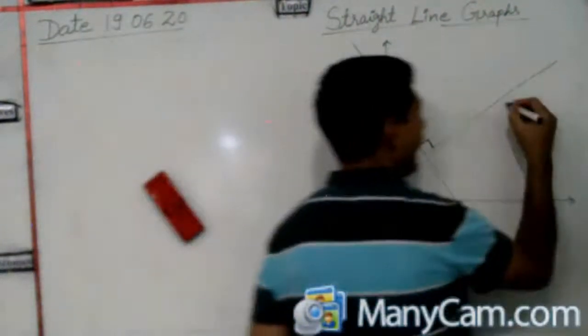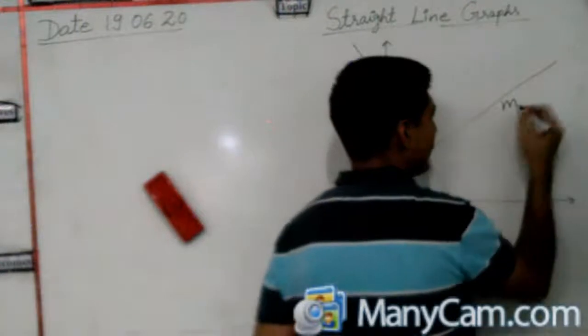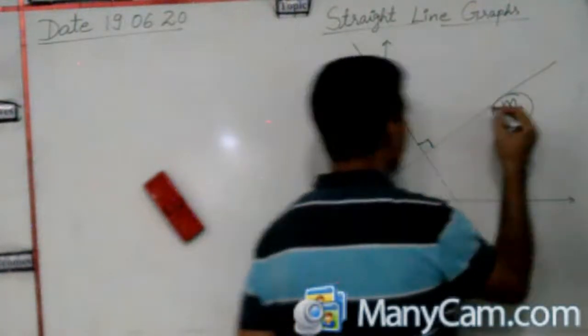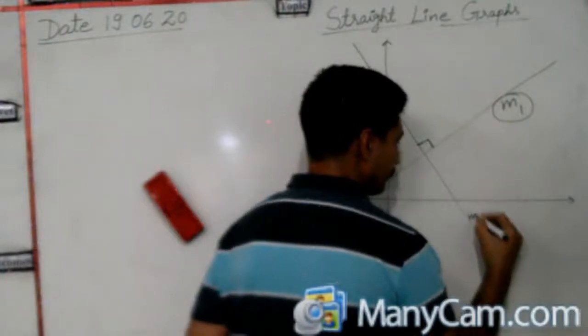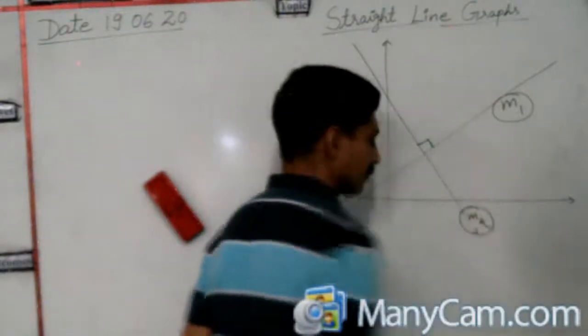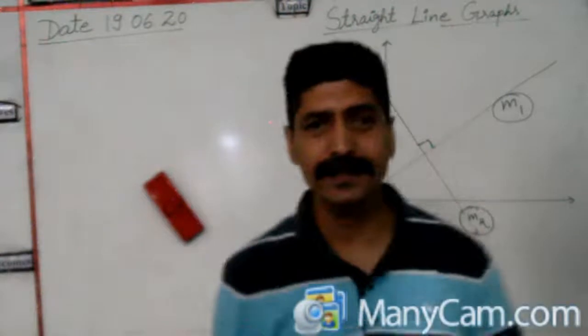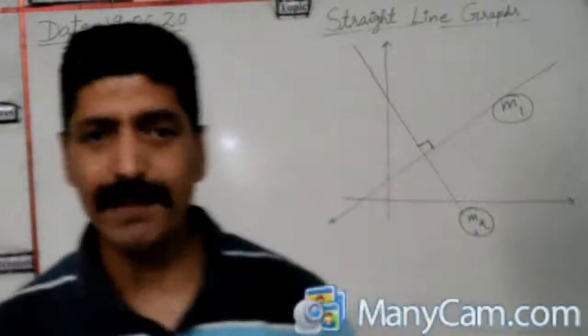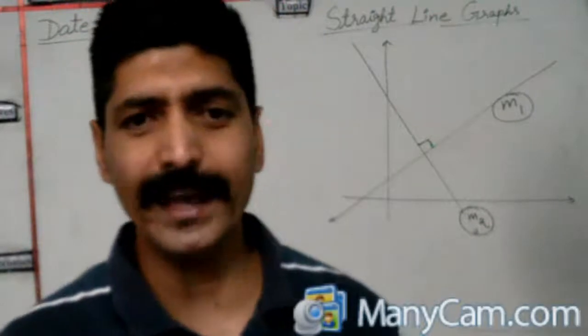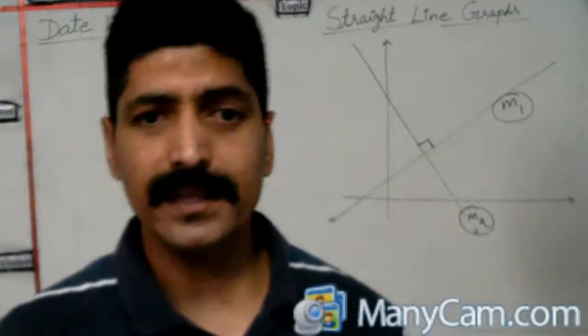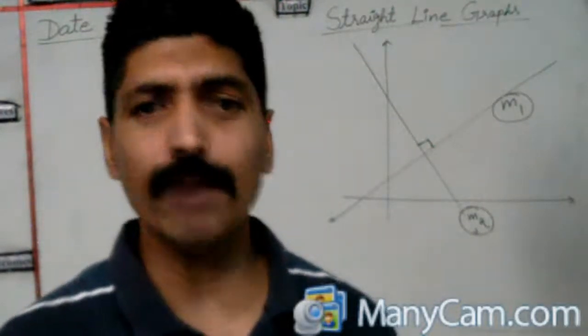If m1 is the gradient of one line and m2 is the gradient of another line, then always the gradient of one line is the negative reciprocal of the other.